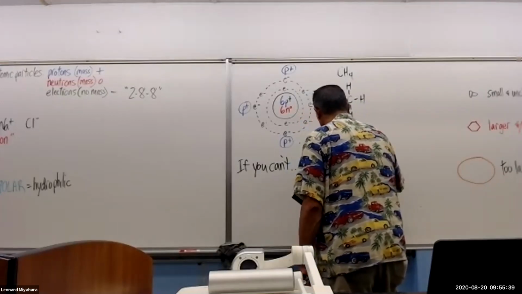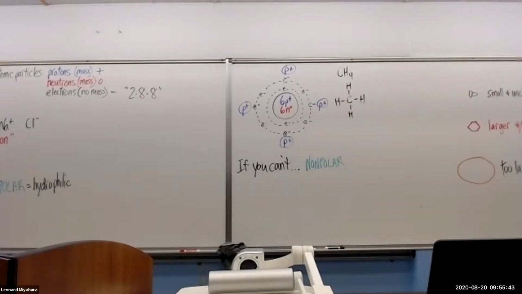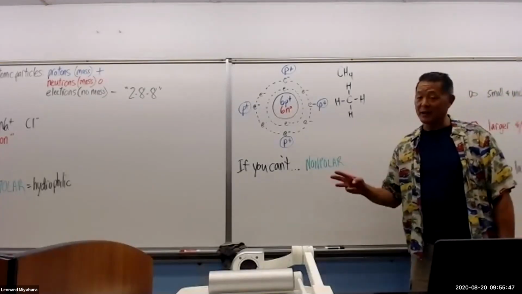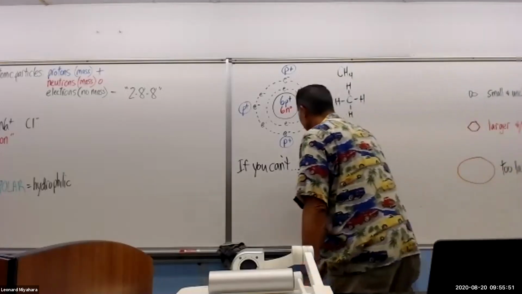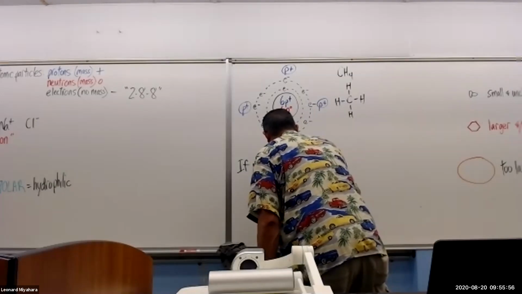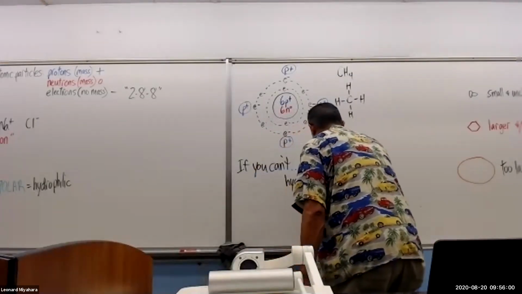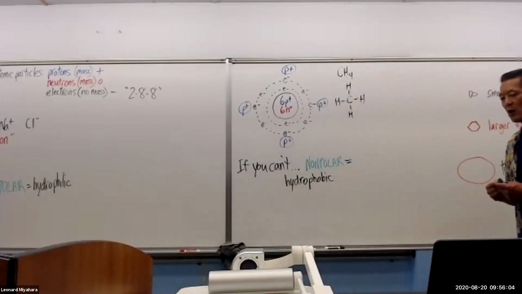Now I drew this two-dimensionally on the whiteboard as symmetrical. In reality, methane is symmetrical in 3 dimensions. It is completely symmetrical. And since things that are nonpolar don't like water, they actually fear water, like a phobia, we will use the term hydrophobic.